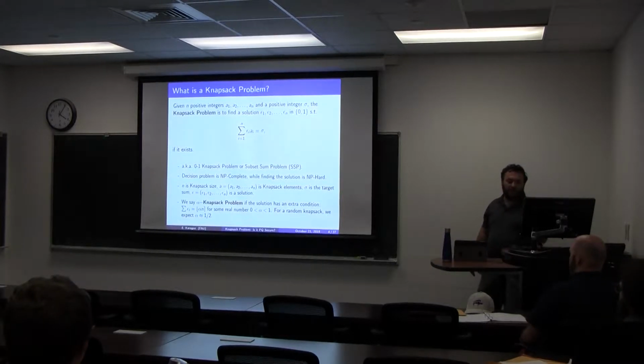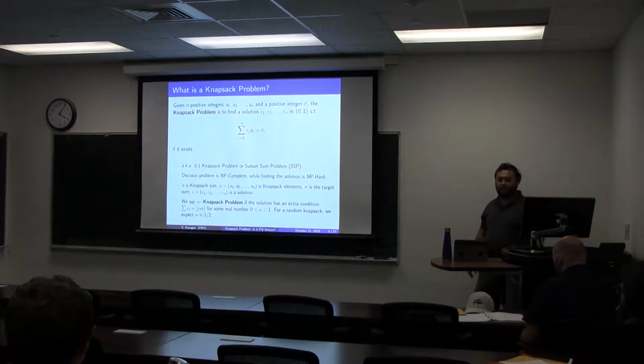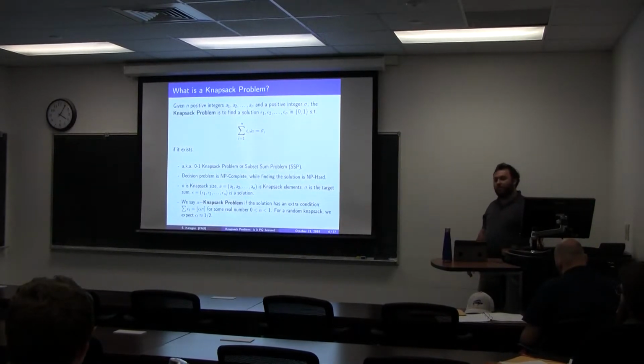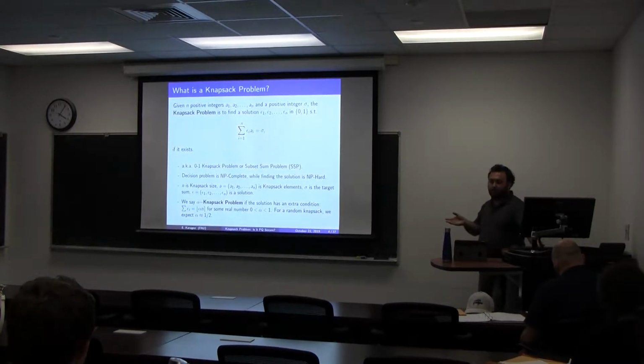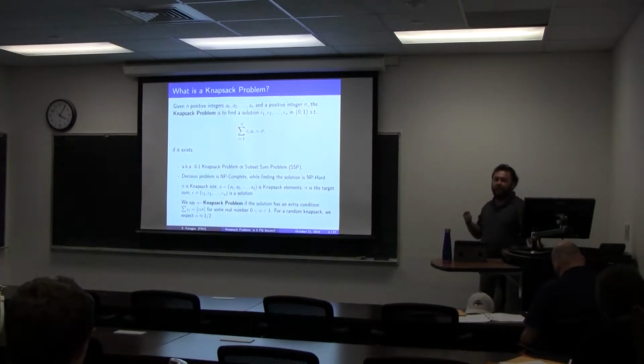That's why we say a random Knapsack problem is actually a 1/2 Knapsack problem. But in crypto systems, we focus on small alpha because, to have a unique decomposition or to avoid decryption failure, they pick alpha very small.